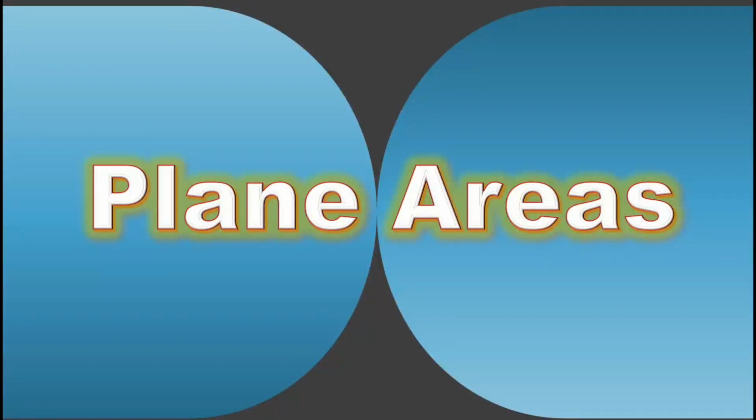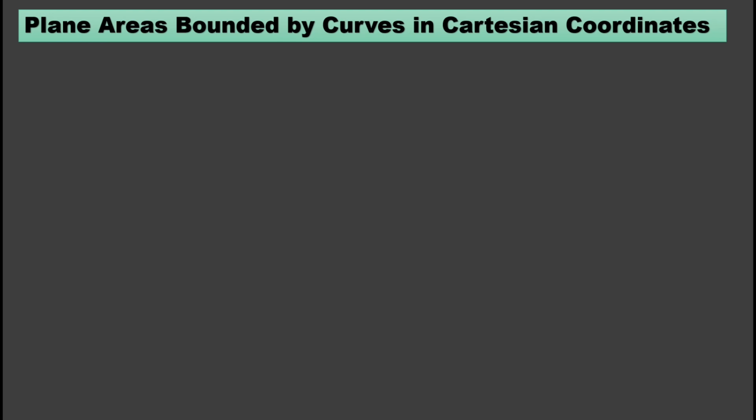Okay, so in this video, we talk all about plane areas bounded by curves in Cartesian coordinates. There are two methods for finding the areas bounded by curves in Cartesian coordinates.